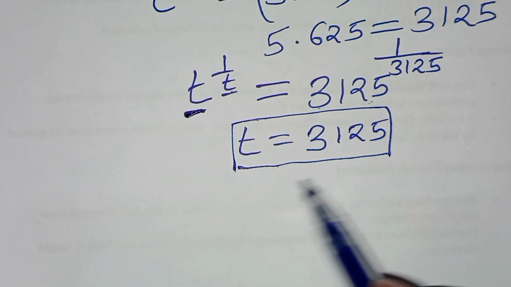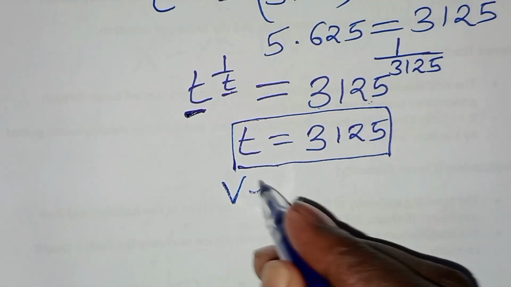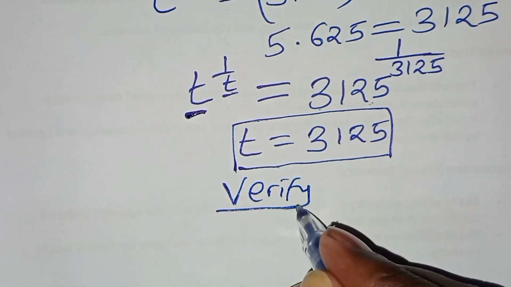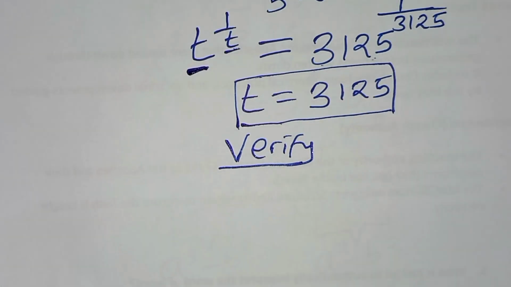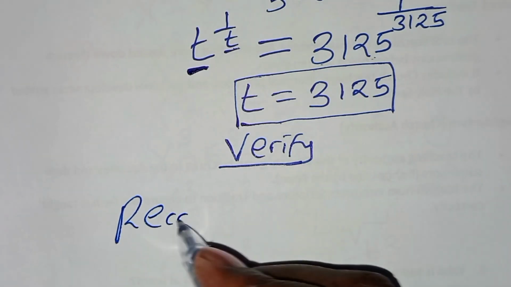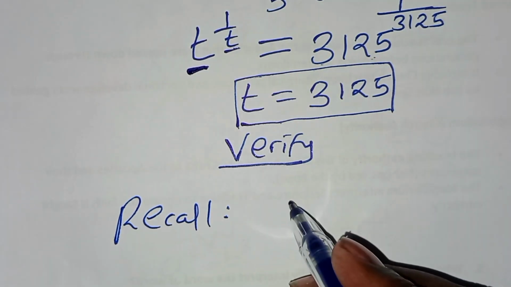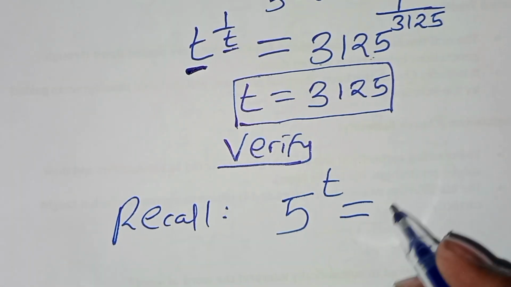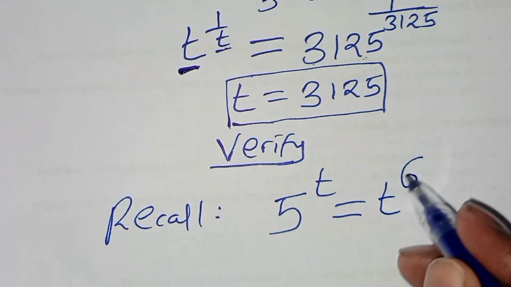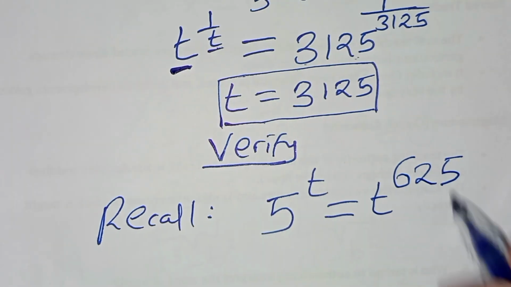In this case, let's verify that this value of t actually satisfies the equation. If you recall, we had that 5 to power t should give us t to power 625.